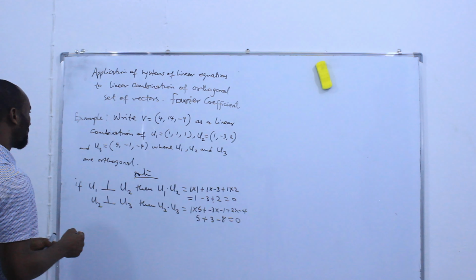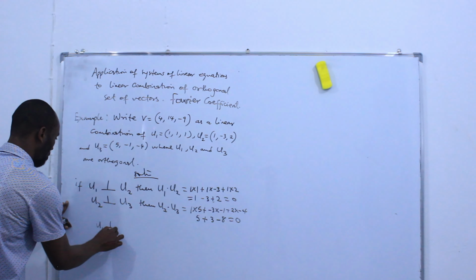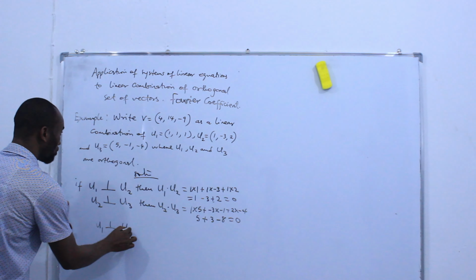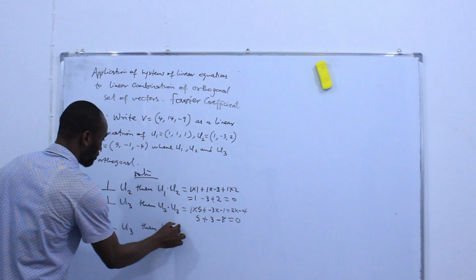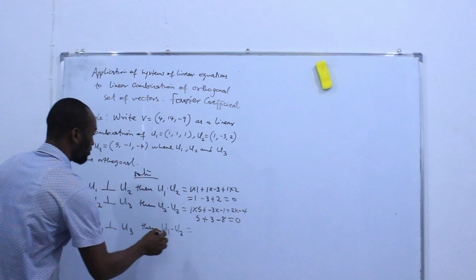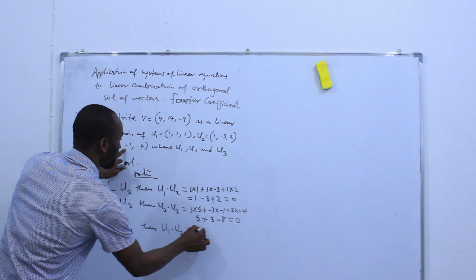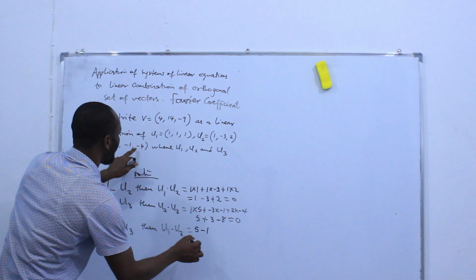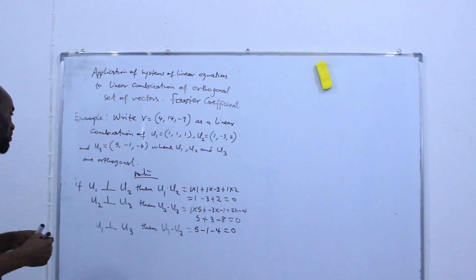If you also try the last one, u1 orthogonal to u3, u1 dot u3 will give you 1 times 5 is 5, 1 times minus 1 is minus 1, 1 times minus 4 is minus 4, and that will give you 0.